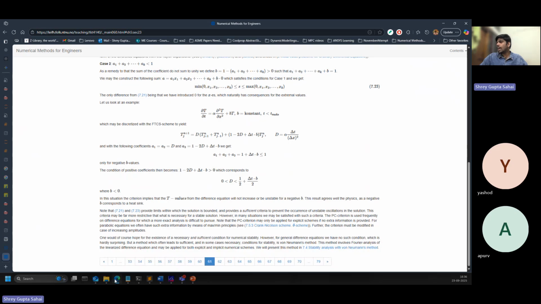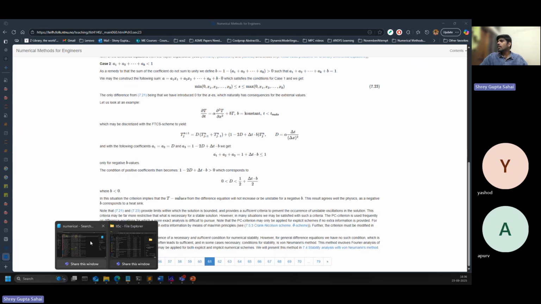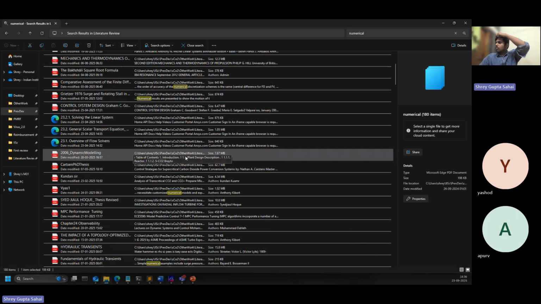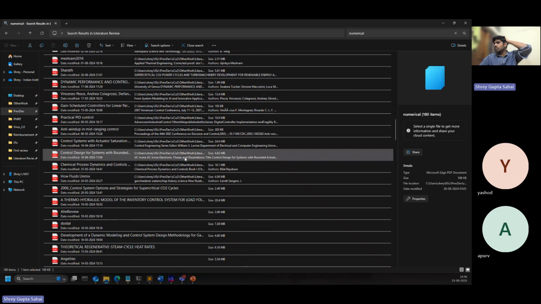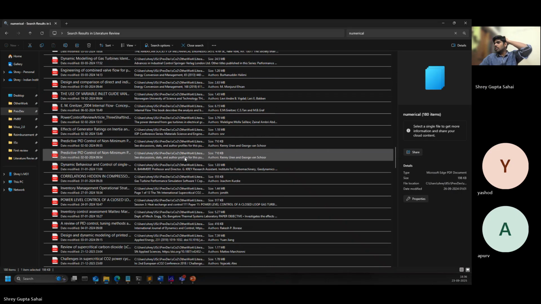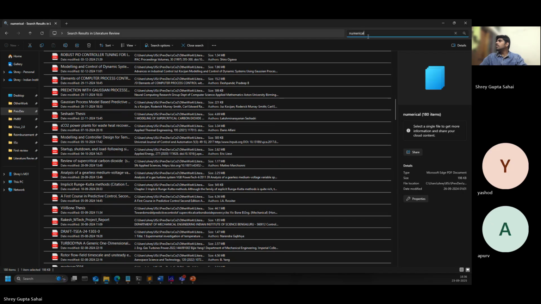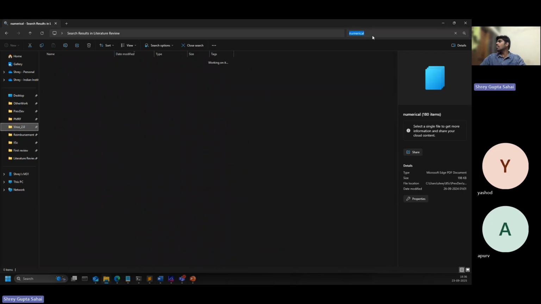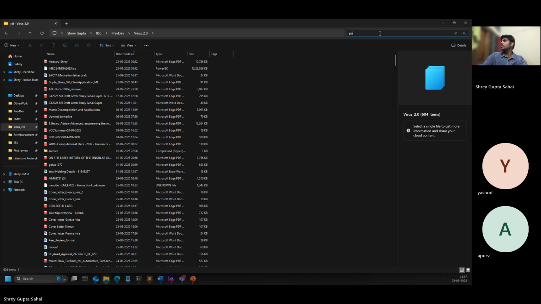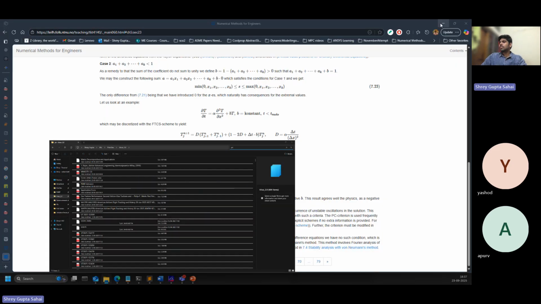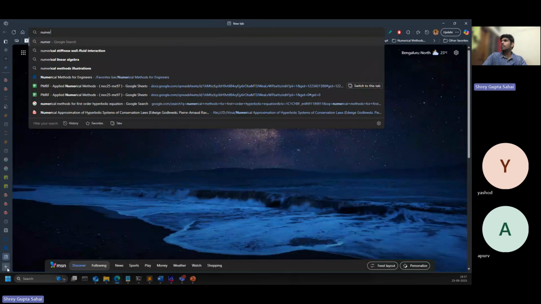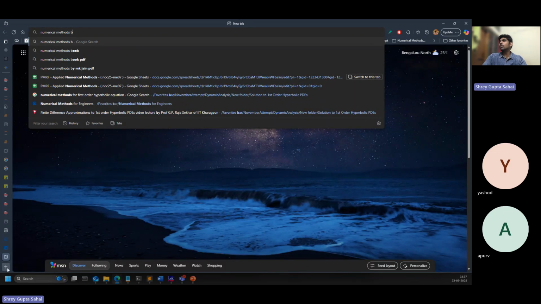But just before I do that, I wanted to show that book also. I don't know if that book is somewhere. Numerical methods book.